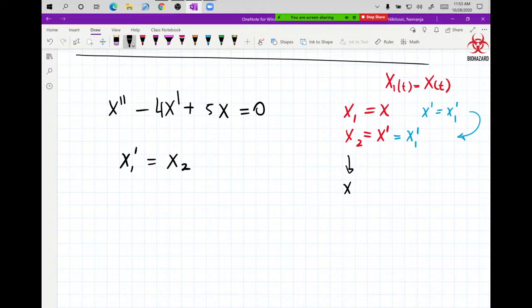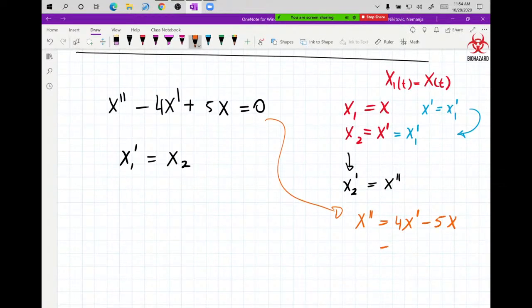Well, x2 prime is equal to x double prime. So that's our second equation. But remember, we are not allowed to have x's. So looking at the top equation here, let's go maybe orange. From the top equation, x double prime is equal to 4x prime minus 5x, when you simply do that arithmetic.